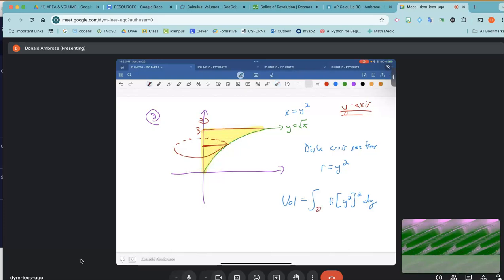So our limits of integration here would be from 0 to 3, and there would be our definite integral capturing the volume of this solid that is revolved around the y-axis and has circular disc cross sections.